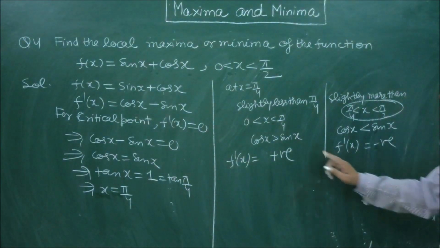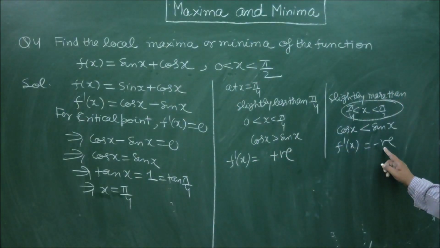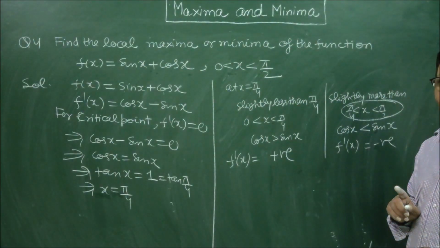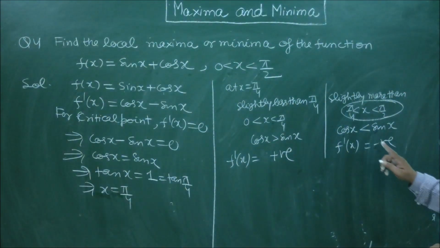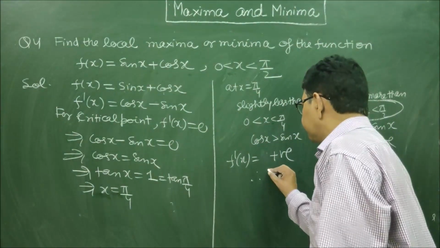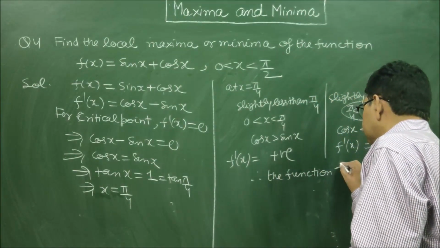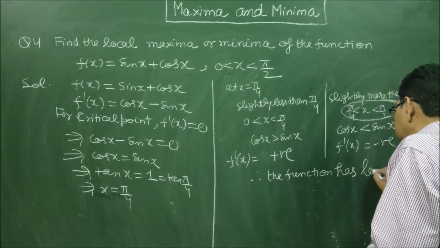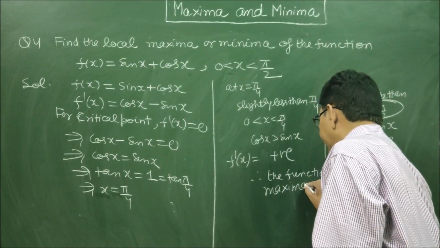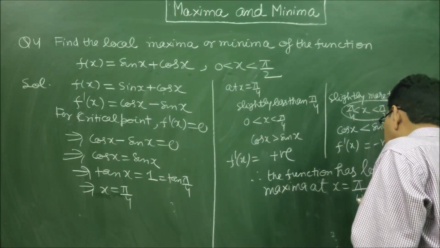So the value of f dash x changes from positive to negative when x crosses pi by 4. Means first we take less than and then we take more than. Therefore the function has local maxima at x is equal to pi by 4.